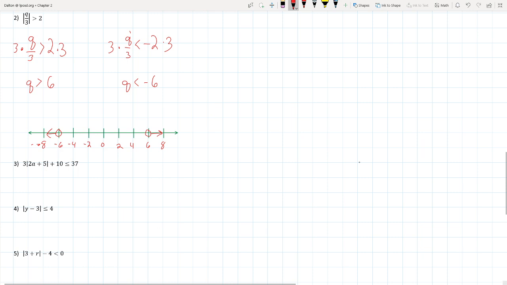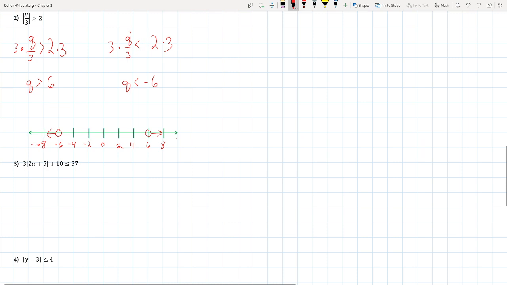Number 3 is a little more challenging. It has some more aspects to it that we haven't really addressed too much, though you should at this point be a little bit familiar with them.